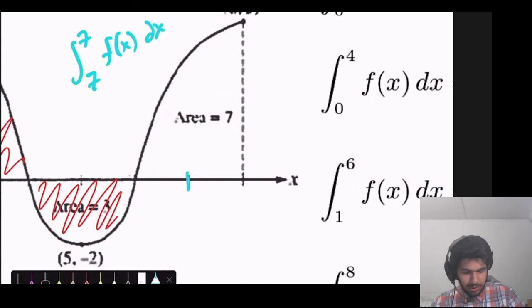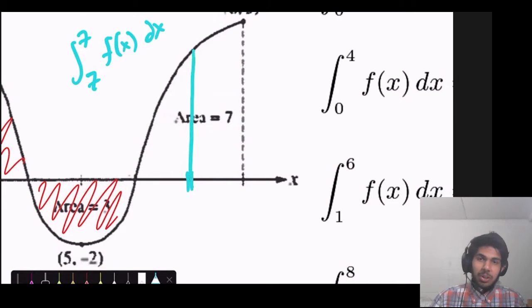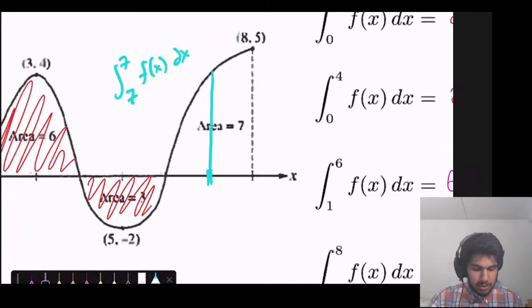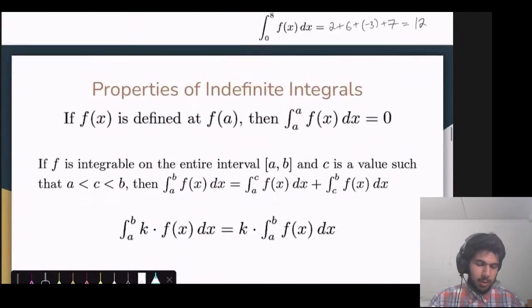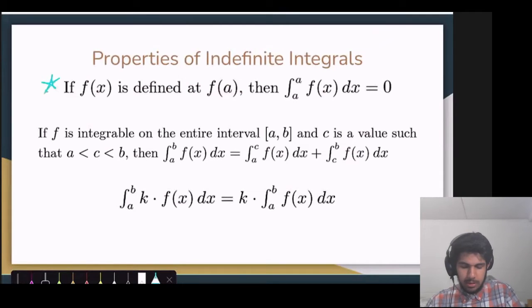So 7 is right here, so that's where we start, but then we also end at 7, so the area we're trying to find is of this line, but as we know, lines don't have an area, so it's got to be 0. So that's the pictorial understanding of why the first property holds.